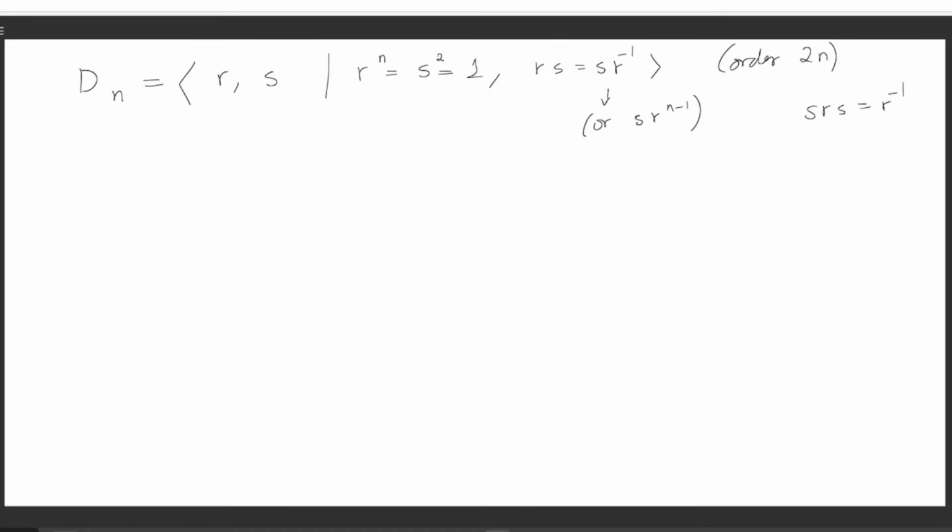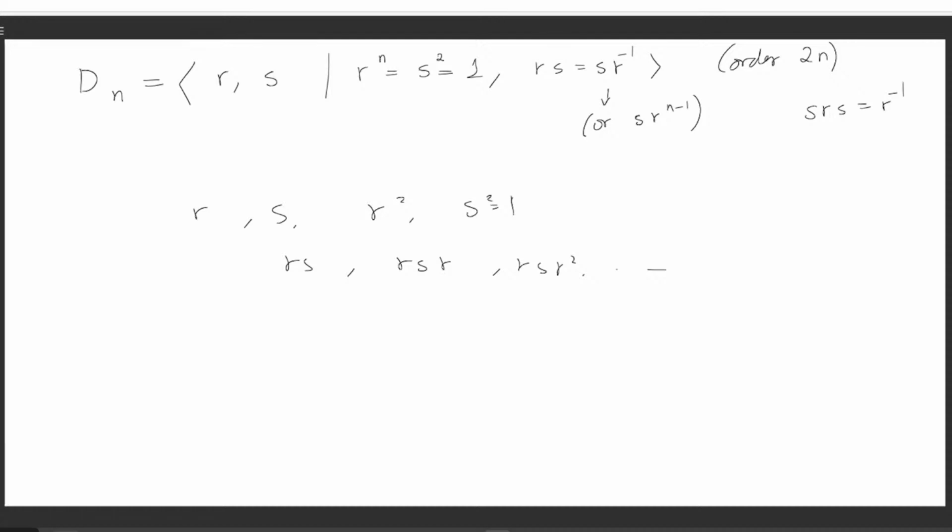So here what you do is you try to write all possible products of R and S, like R, S, R square, S square, which is 1, so 1 means identity. Then RS, then RSR, RS R square, and so on. If you systematically write down all possibilities, you then use the relations to reduce what you have.